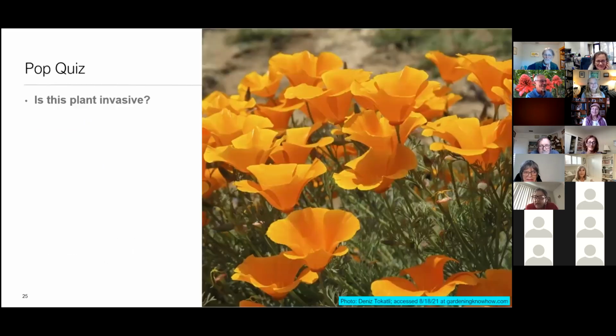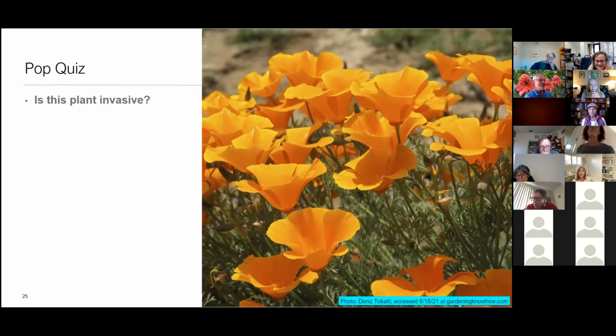So pop quiz, is this plant invasive? I don't know if we'll open it up. You'll have to do a self-analysis on your quiz results here. But if you know this is the California state plant, the California poppy, you would say, no, of course not. It's our state flower.